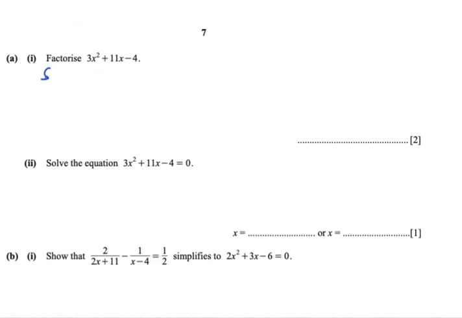Okay, so when we are factorizing, we talked about factorizing in a quadratic equations. We have to think about two things. We have to think about the sum and the product.